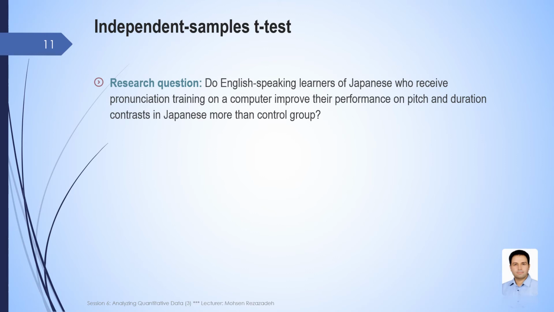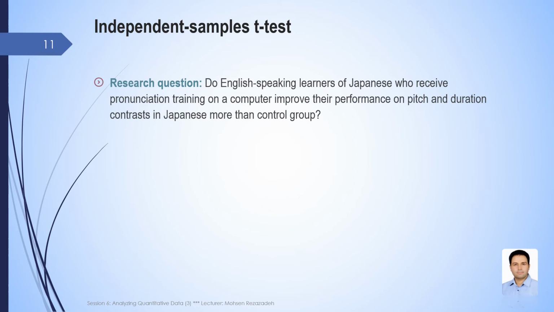In the research question, we mentioned that we have Japanese learners, and we can see that they receive pronunciation training using computer. So the independent variable is pronunciation training using computer.